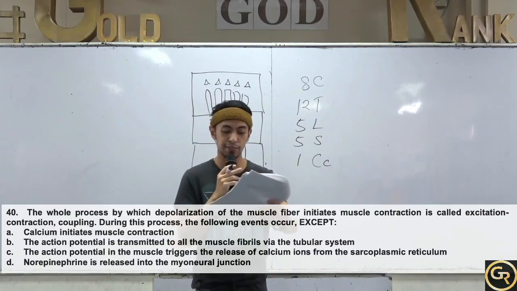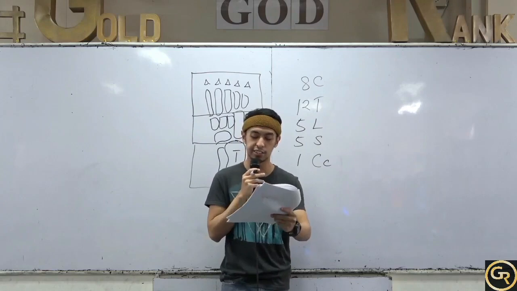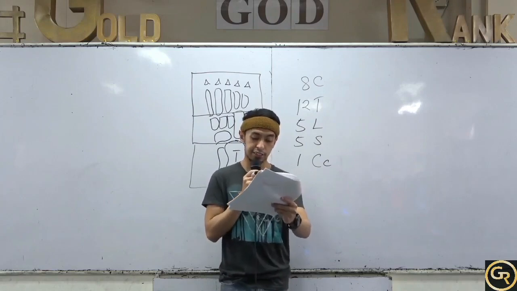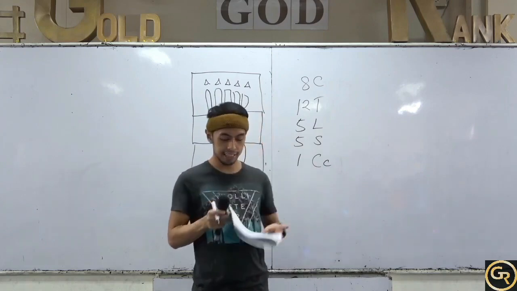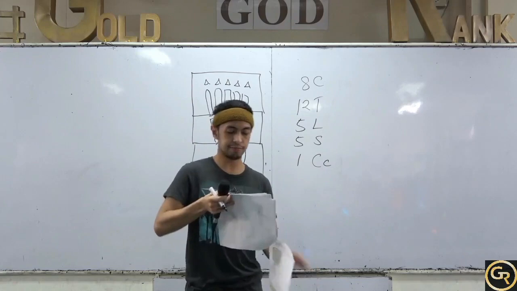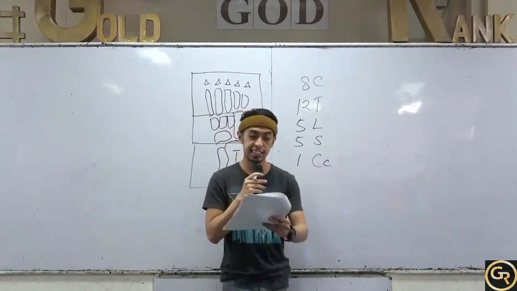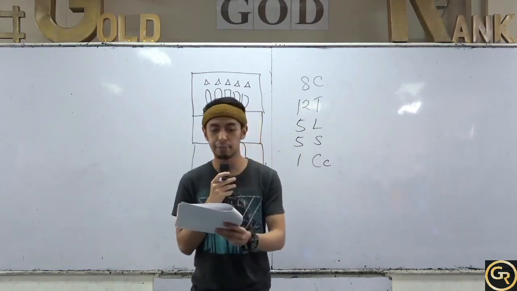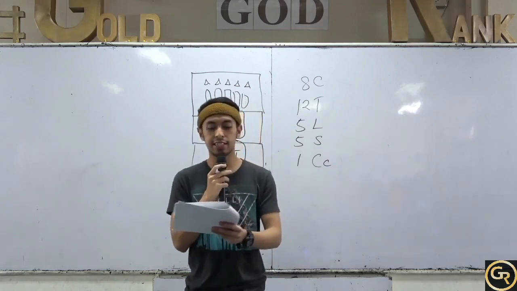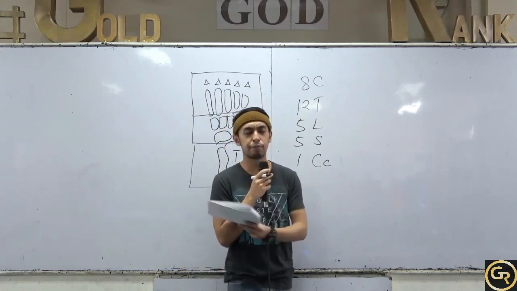40. The whole process by which depolarization of the muscle fiber initiates muscle contraction is called excitation-contraction coupling. During this process, the following events occur except. Tingnan nga po natin ang choices. Based on your choices, letter D. Check nyo si letter D. Ano sabi daw? Norepinephrine is released into the myoneural junction. Tama po ba ito?